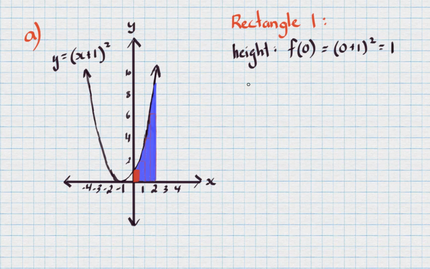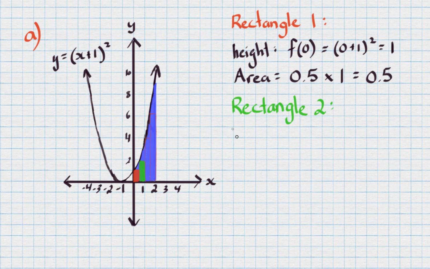So what is the area of rectangle 1? Well, it is simply its base, 0.5, times its height, 1. Now, because we are dealing with an area, it's good to put that we're dealing with units squared, but we'll do that right at the end when we sum all 4 areas. Now on to rectangle 2.